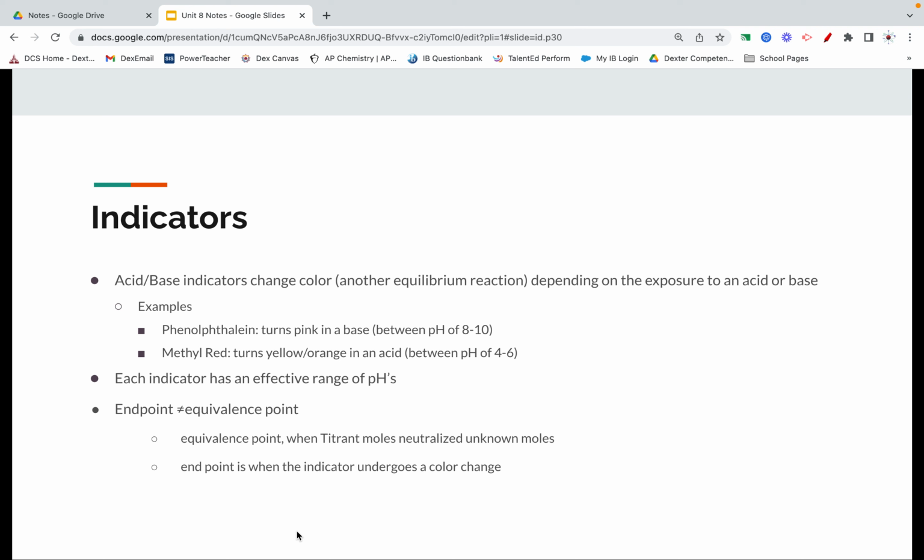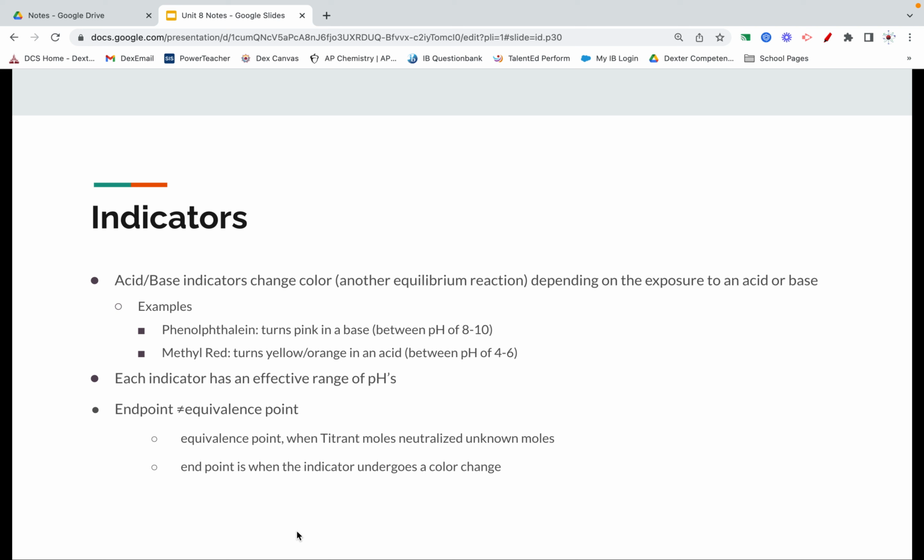It only turns pink with a pH between 8 and 10. Methyl red is going to turn yellow-orange with a pH of 4 to 6. So it's going to be great when we're looking for an acid instead of looking for the base. And there are so many different varieties of indicators that we can use that will be effective for whatever titration we want to do.